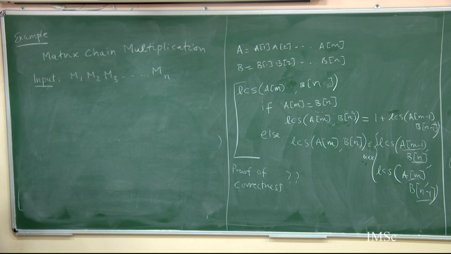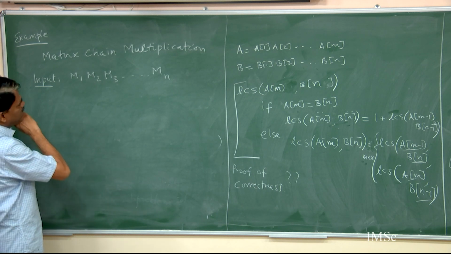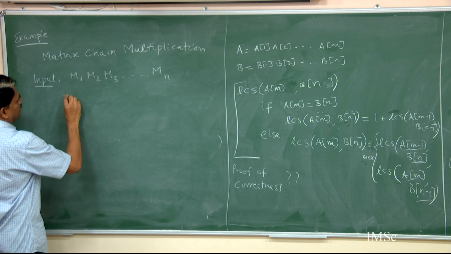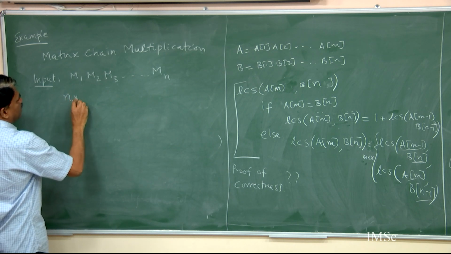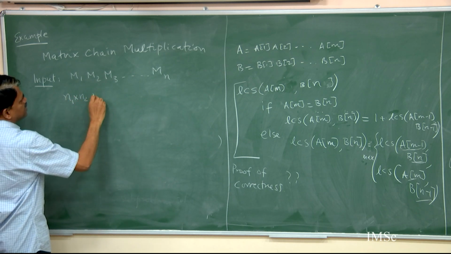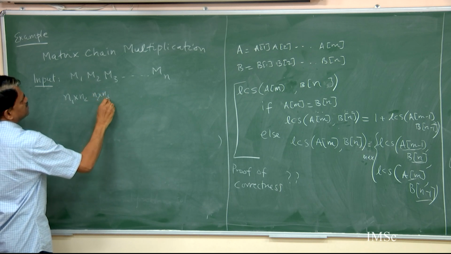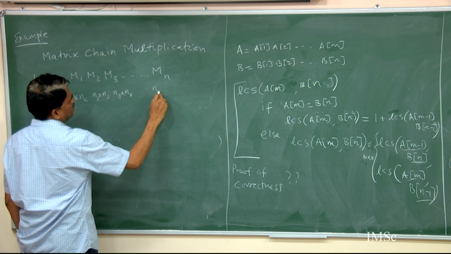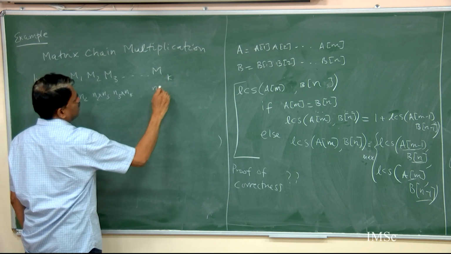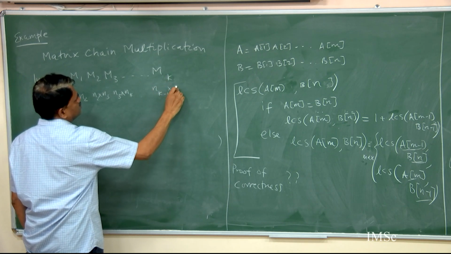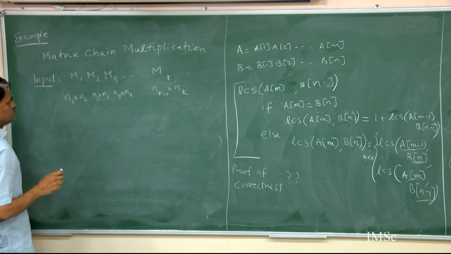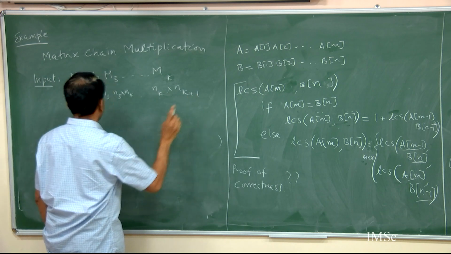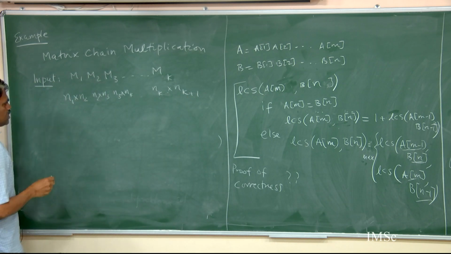So the problem you want to do is the following. Each matrix Mi has dimension: M1 is n1 by n2, M2 is n2 by n3, and so on, Mk is nk by nk+1.